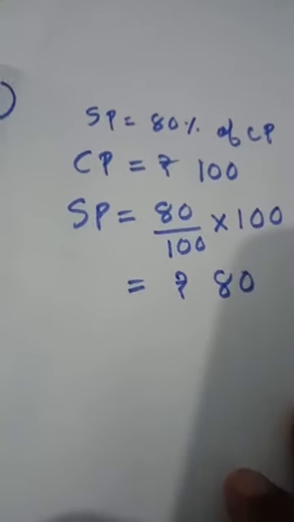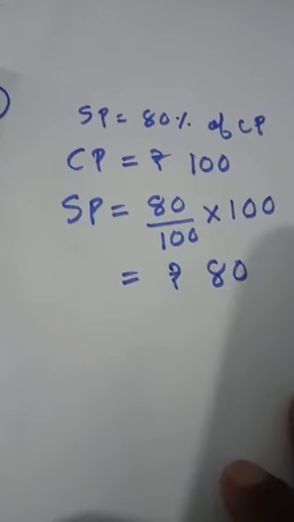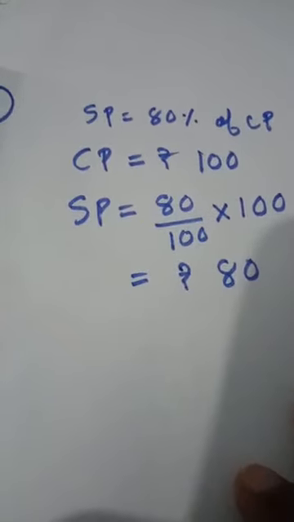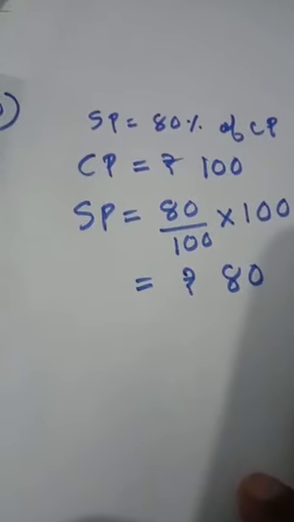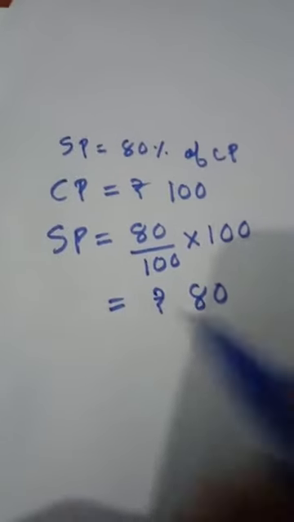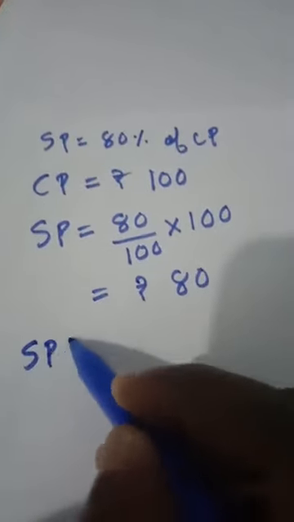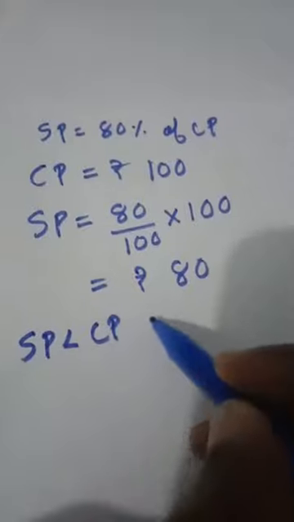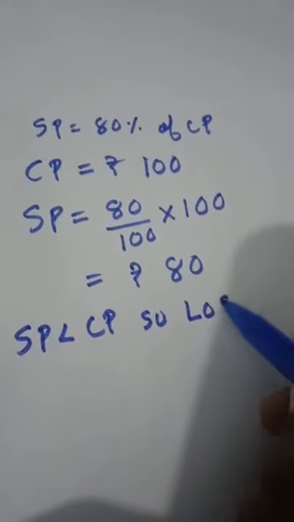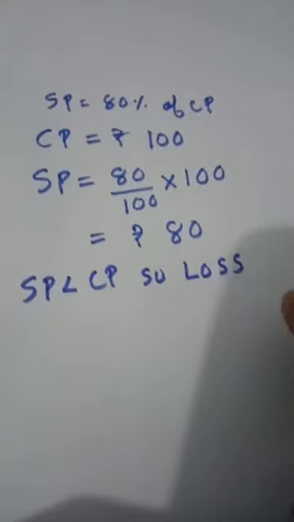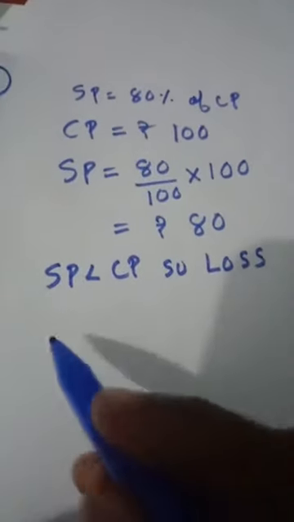CP 100, SP 80, so is it profit or loss? We bought an item for rupees 100 and sold it for rupees 80. Here SP is less than CP, so it is a loss. What is our loss?